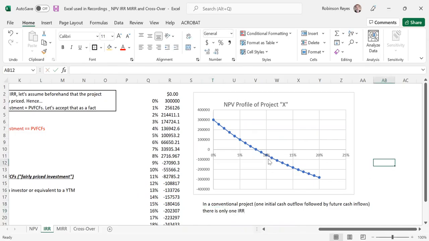As we can see here, there is only one point in which this line intercepts the x-axis, which is a fancy way of saying that the net present value becomes zero. There's only one rate that makes this true, and that is the IRR.